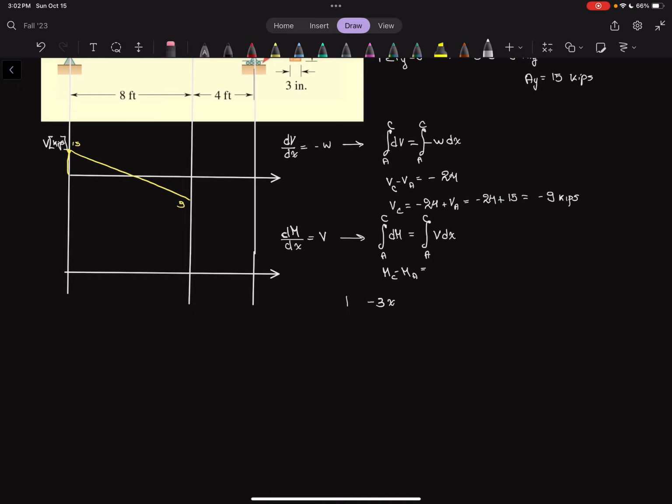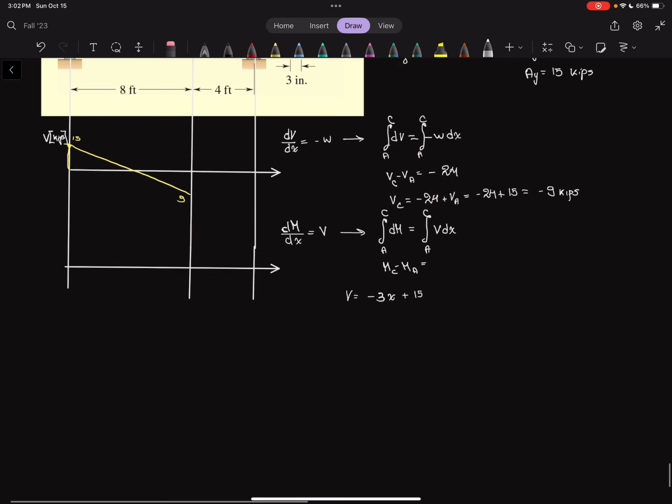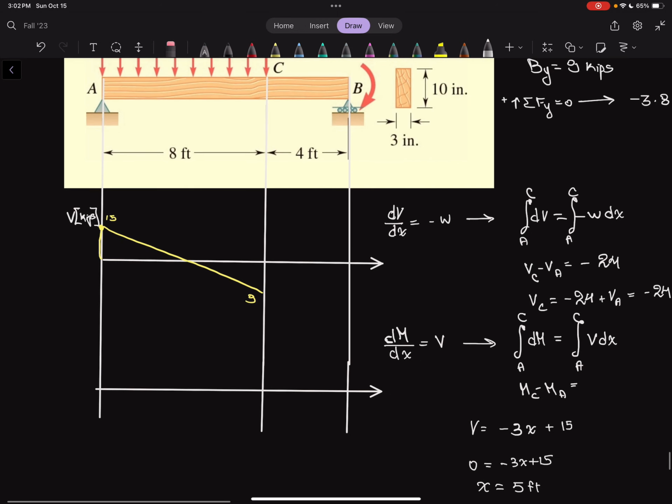So my shear is going to be -3 times x plus whatever we started with at A, which is 15. So now you want to know, when is your shear 0? Well, that's going to be at 15 divided by 3. So at 5 feet. So this is 5 feet right here.